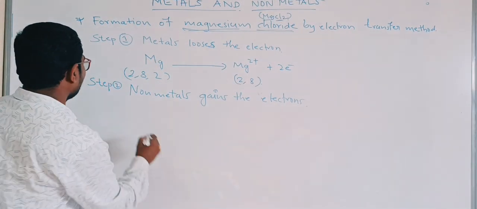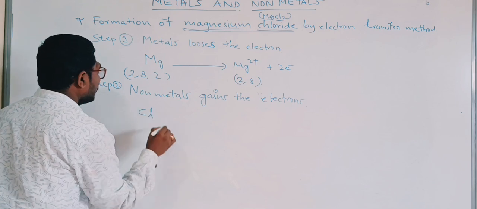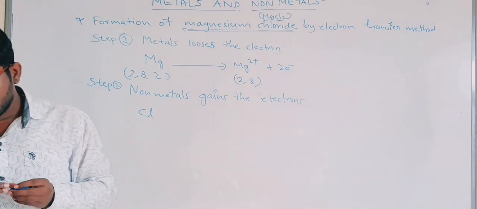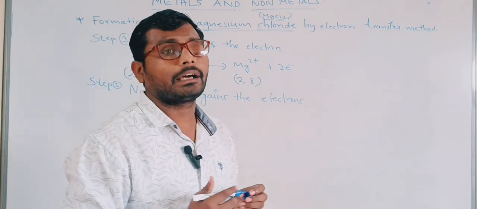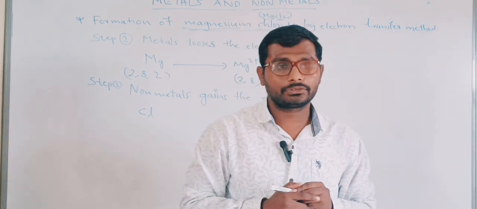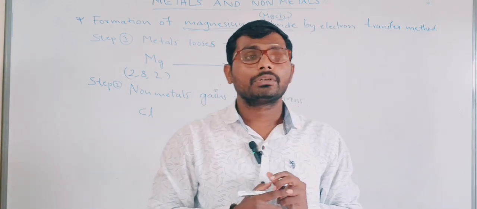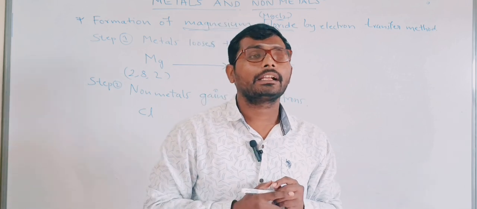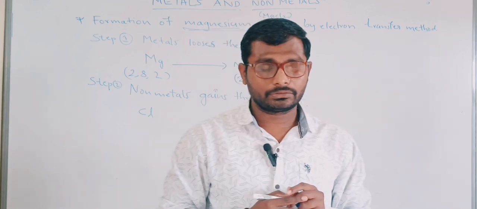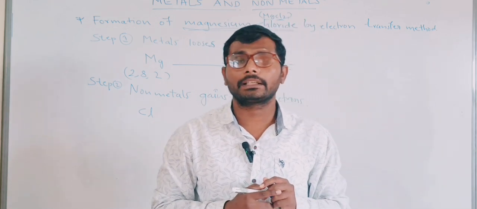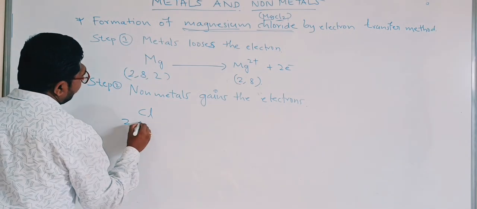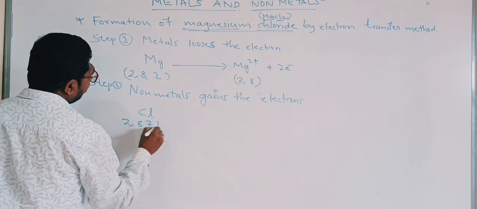What is the atomic number of chlorine? The atomic number of chlorine is 17. If you know the atomic number, you can easily write the electronic configuration. So I will write the electronic configuration of chlorine: 2, 8, 7.